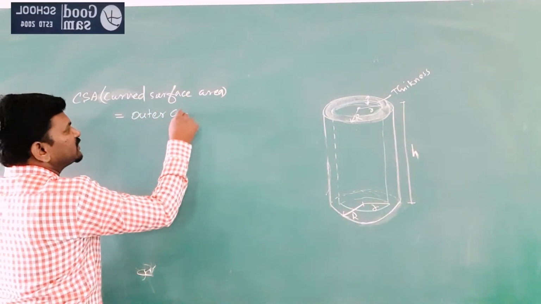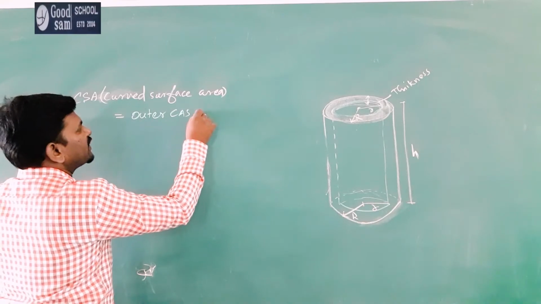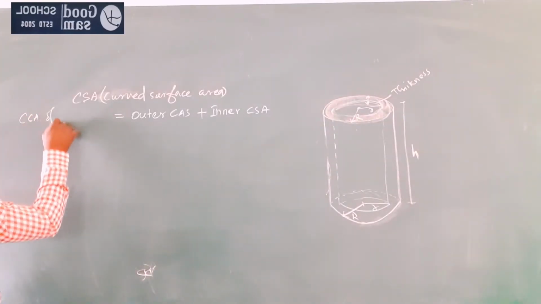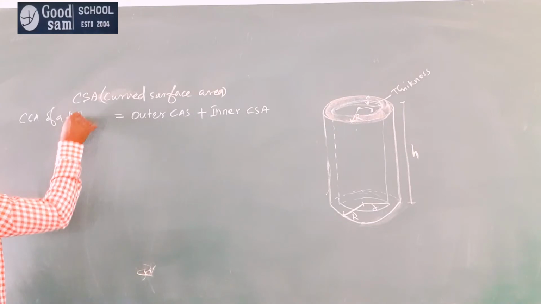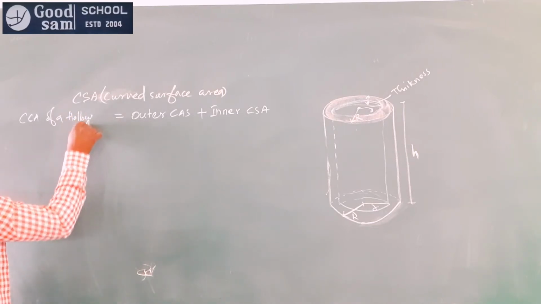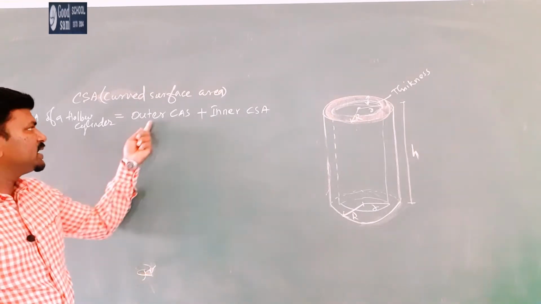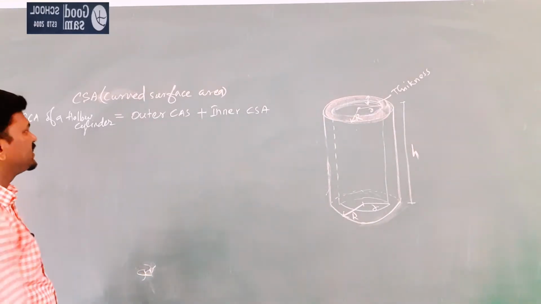So the CSA of a hollow cylinder is outer CSA plus inner CSA.